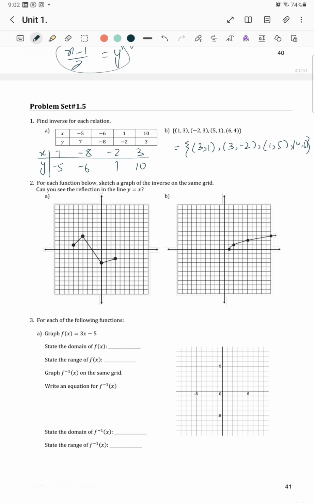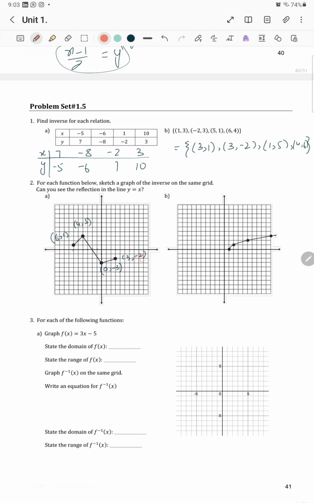Okay. So this point is (3, -2). This is (0, -3). This is (4, 3). (6, 1).